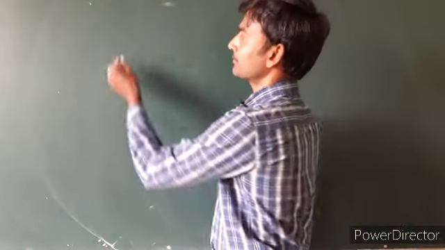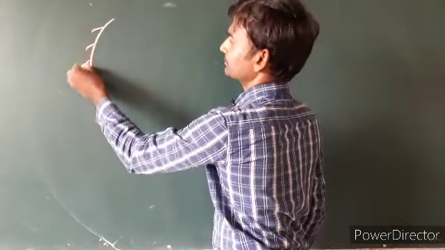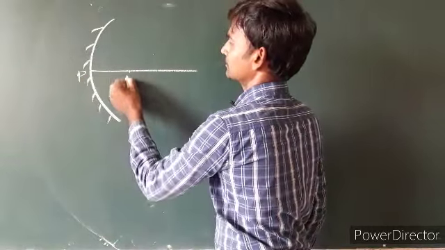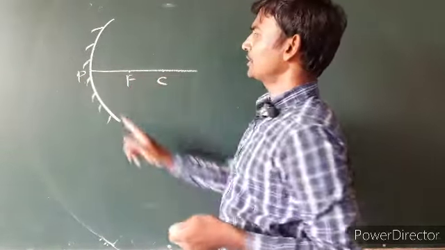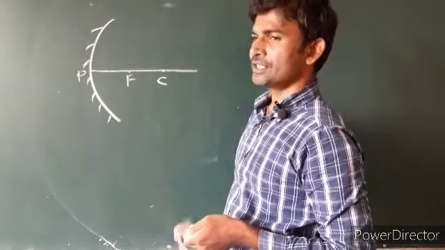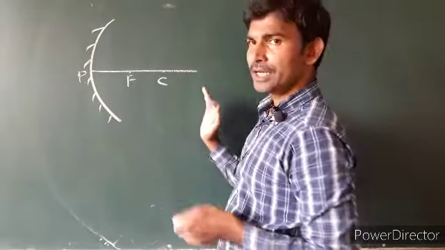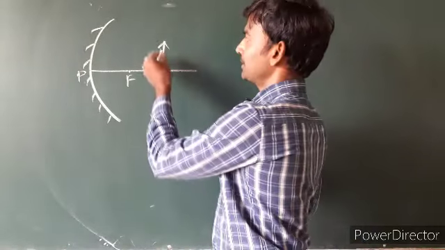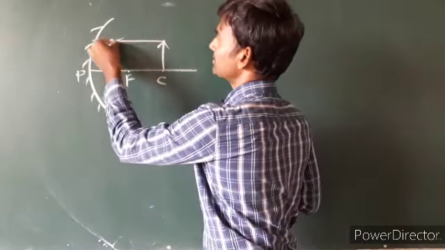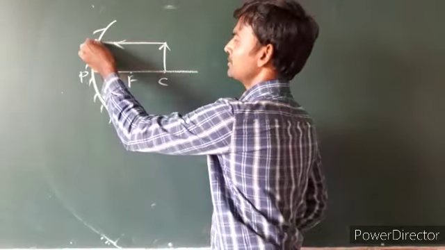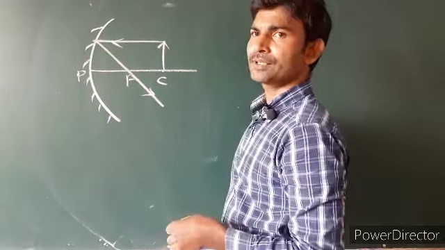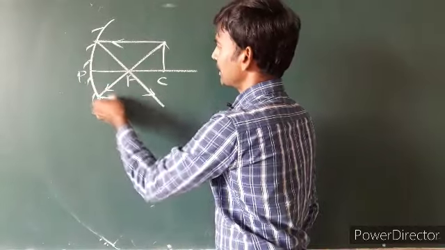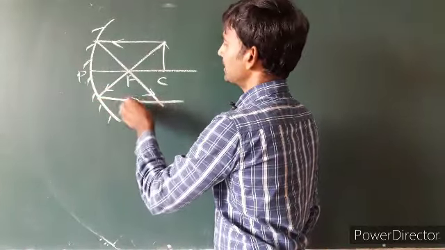Object at center of curvature. Pole, focus, center of curvature. Just before, the object was beyond C; now I am considering the object on C. A light ray parallel to the principal axis passes through the focus. The next one passes through the focus and comes back parallel to the principal axis.